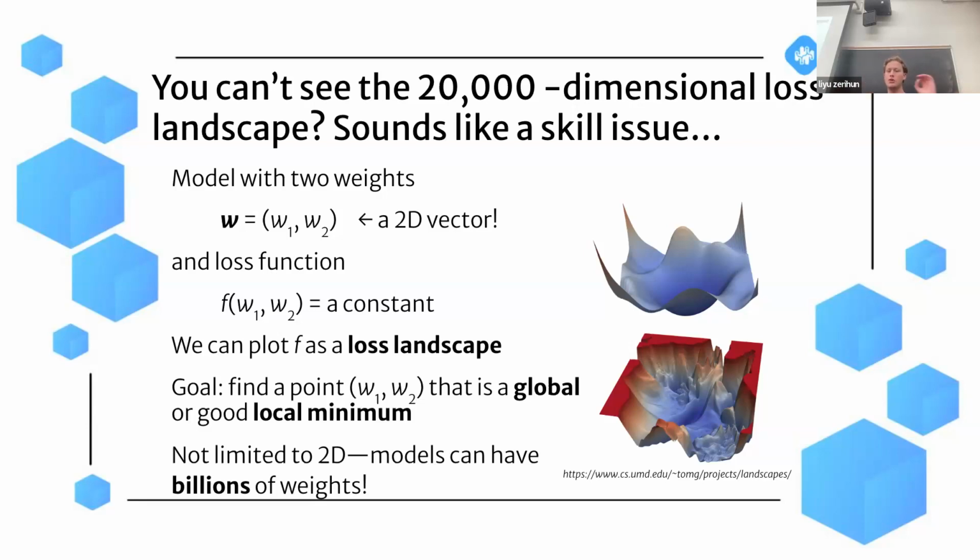And then the goal is to find the point that's a global or a good local minimum for this loss. Obviously, as we said earlier, it's not limited to 2 dimensions. Models can have an ungodly number of weights, which obviously we can't really visualize, but just by looking at 1 or maybe 2 dimensions, we can sort of get an idea of what's going on here.